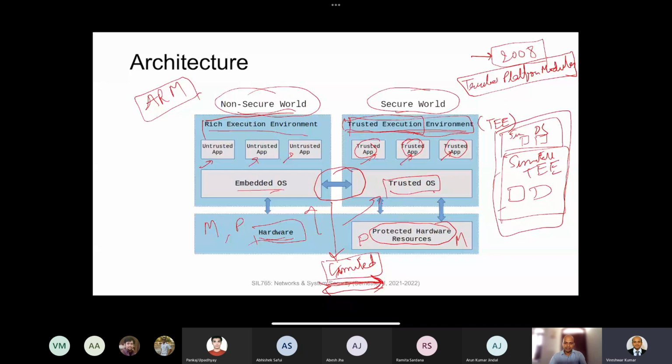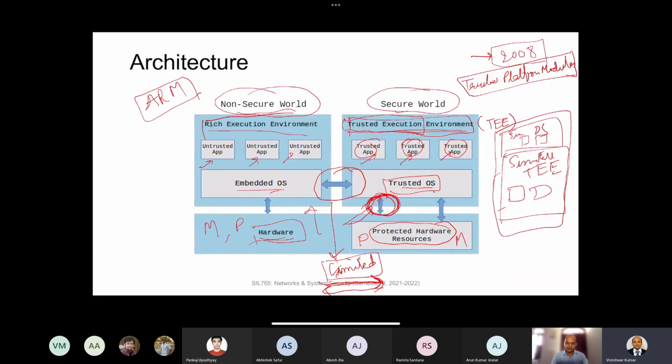Okay, and this trusted execution environment also has a way to read the whole memory. So whatever memory is available for that system, typically this hardware can actually do a read only.